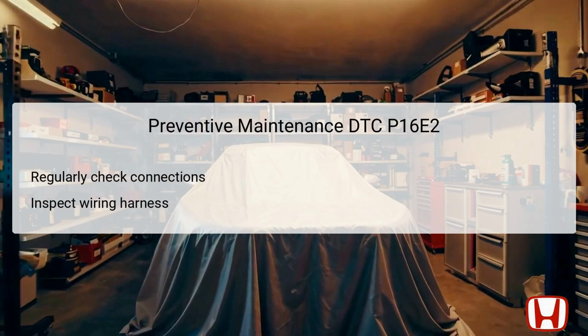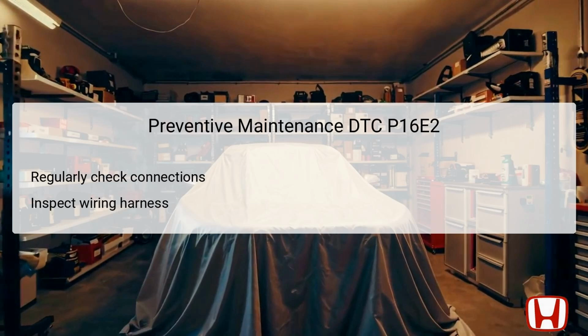Preventive maintenance is critical to avoiding the reoccurrence of DTC P16E2 and ensuring optimal vehicle performance. Regular checks of all electrical connections, particularly at the alternator and PCM, can prevent issues from arising.